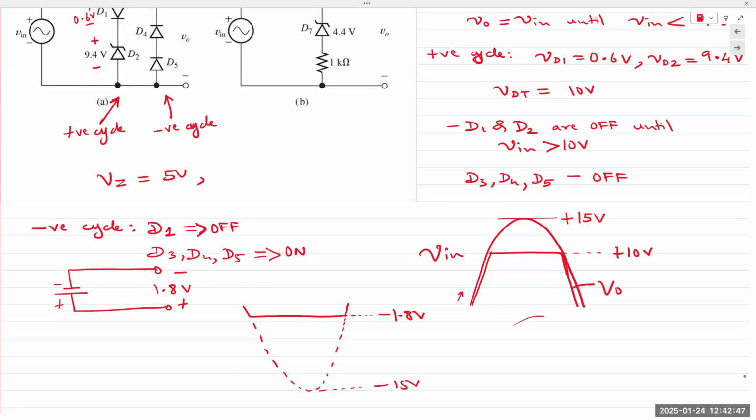And the application of this kind of a clipper circuit is in surge protectors. So you put a Zener diode in there, your voltage exceeds a positive or a negative, you put two Zener diodes in parallel circuits.